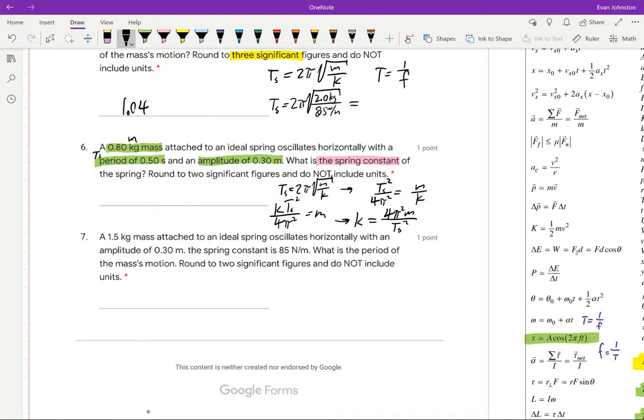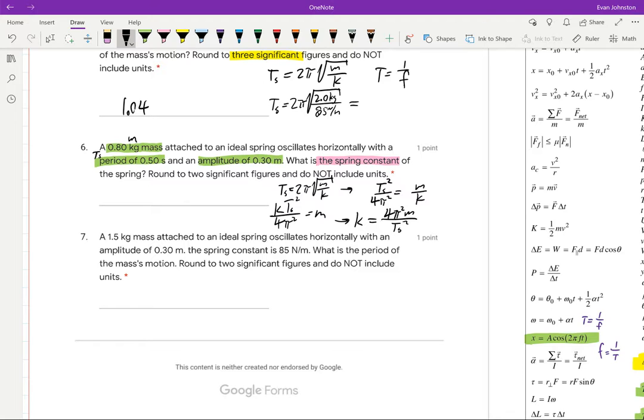We were given the period and we were given the mass, so now it's just the calculator part. I'm doing 4 times pi squared times my mass of 0.80 kilograms divided by my period, which is 0.5. Don't forget to square it.